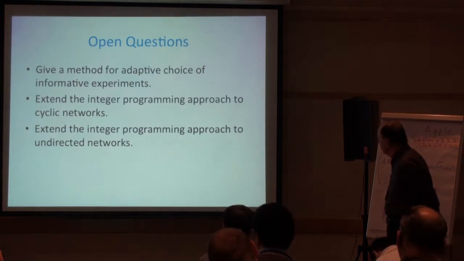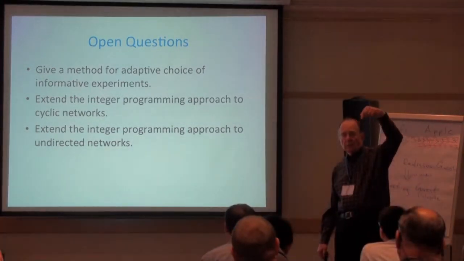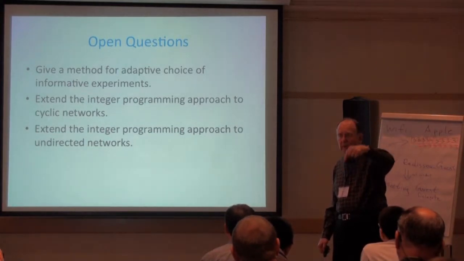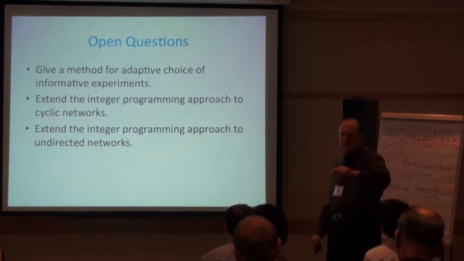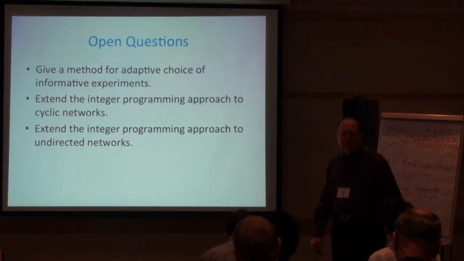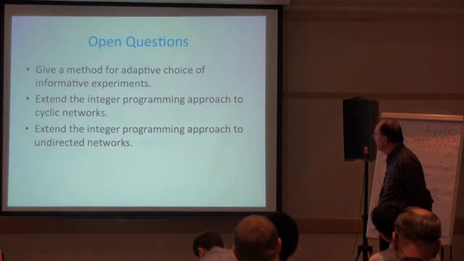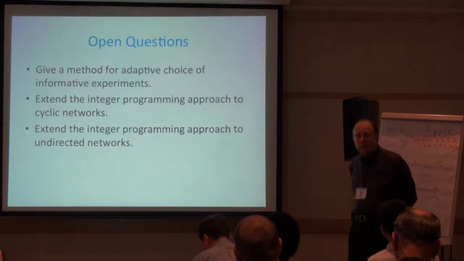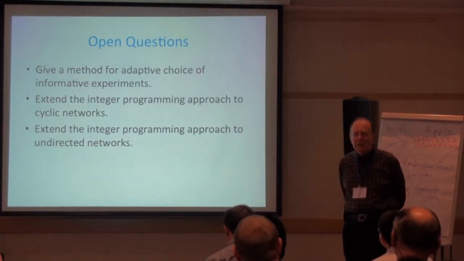And we would also like to extend the integer programming approach to undirected networks where you don't know the pattern of causality. You don't know whether X influences Y or whether Y influences X. So all of those ought to be considered. And that brings me to the end of the planned discussion, and I'll be happy to take questions.